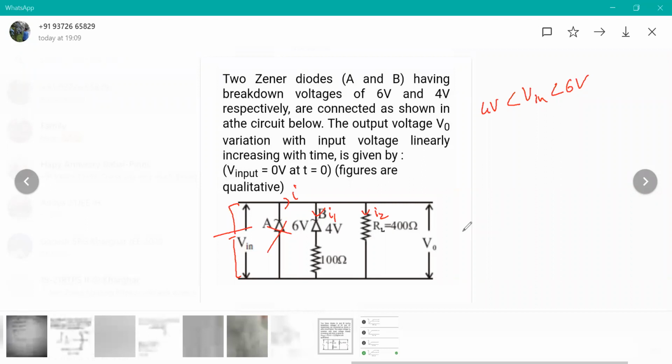So this 100 and 400 come in series. So I2 will become 1/5 of I. Accordingly, you will see that we'll get output voltage, which is I2 into RL.